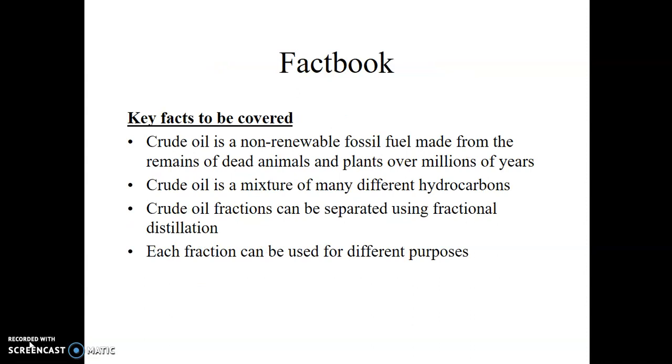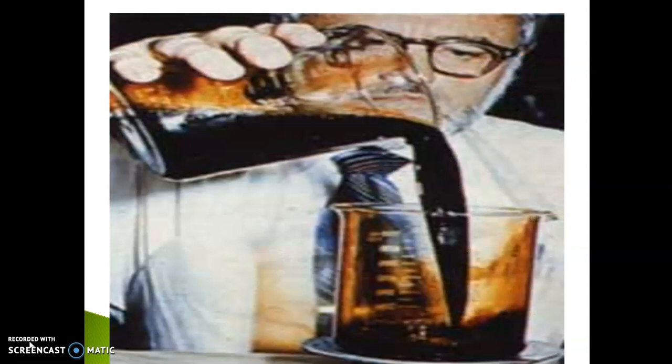Okay. Moving on then, those are the facts we're covering in this video, which is to do with how we actually extract the hydrocarbons from the crude oil where we find them. So that is crude oil pretty much as we find it. We don't tend to work with it in such small quantities, but that is its general appearance.